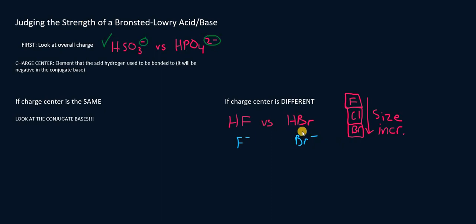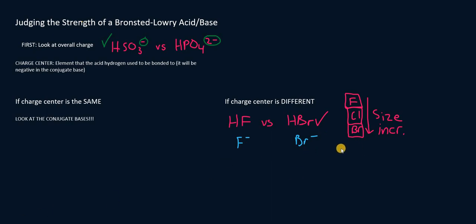So the general rule of thumb here, looking at your charge centers, if your charge centers happen to be in the same column of the periodic table, then size is what matters. And the bigger the size, the stronger the acid is. And that's only going to apply, though, if they're in the same group. So F and Br happen to be in the same group. Br is bigger, therefore HBr is the stronger acid.